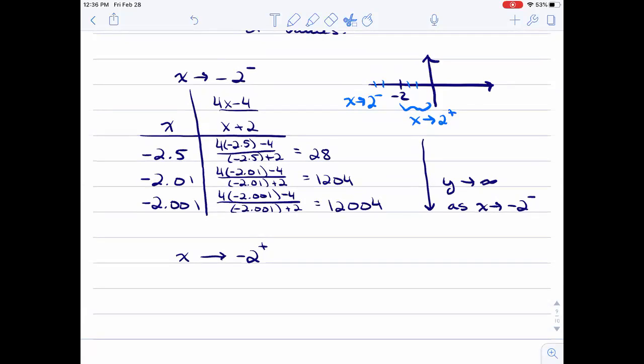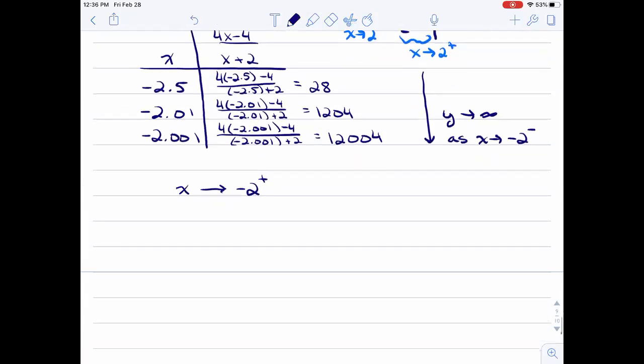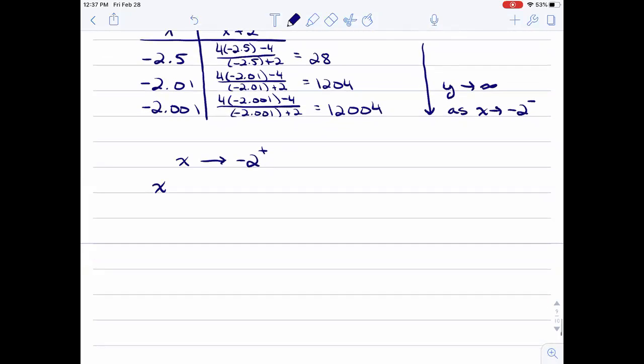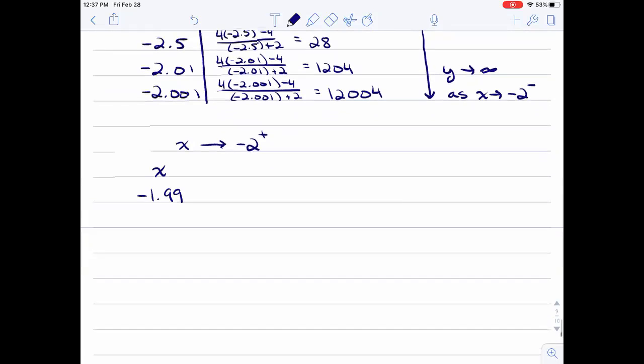Maybe let's start at negative 1.99 and then go to negative 1.999. As long as we can convince ourselves that we've figured out the behavior close to negative 2, then you don't have to do that many, right? You'd have to do more than 1, but 2 or 3. And because my page ends there, I'm only going to do 2. How about? So I'm going to do x is negative 1.99 and negative 1.999.